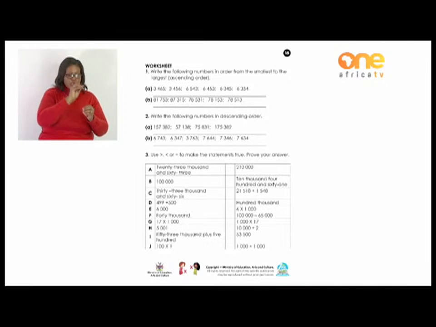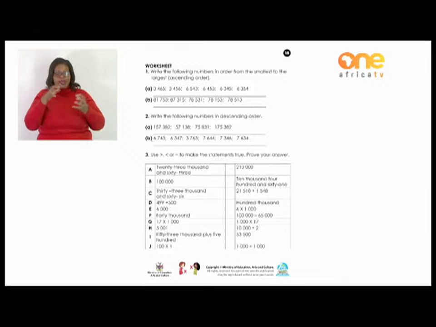The column in the middle there should be reserved for the sign that you are going to put. Remember, the crocodile must eat what is big.